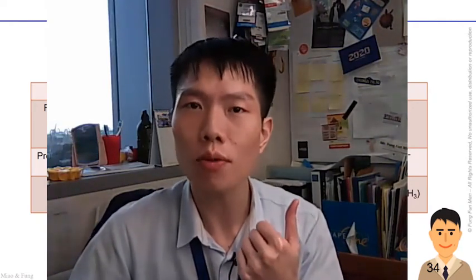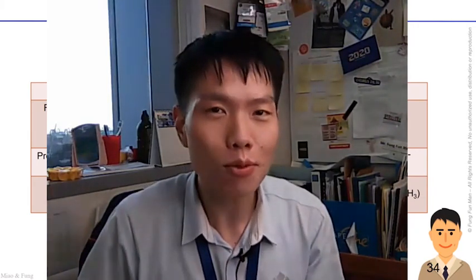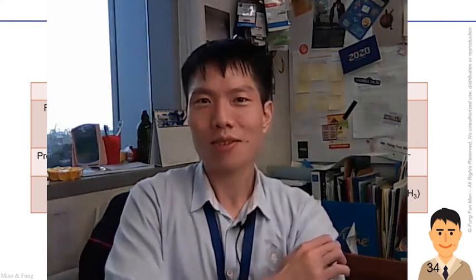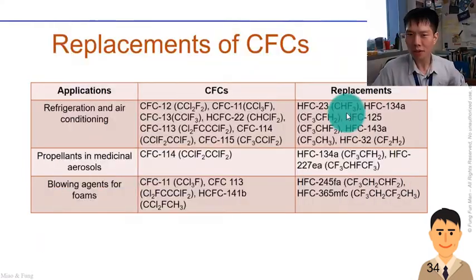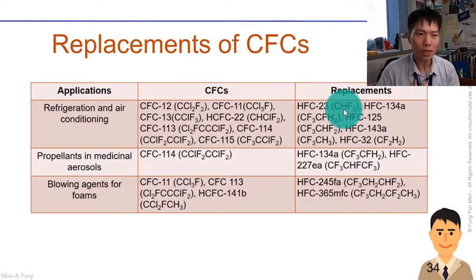Remember, fluorine doesn't form radicals because it's the most electronegative element, unlike chlorine or bromine, which form very stable radicals that will deplete ozone. So you can replace chlorine with fluorine, but at the same time increase the carbon. That's because if you just replace with fluorine, the boiling point becomes low and it vaporizes easily, and this might not be good for the human body.